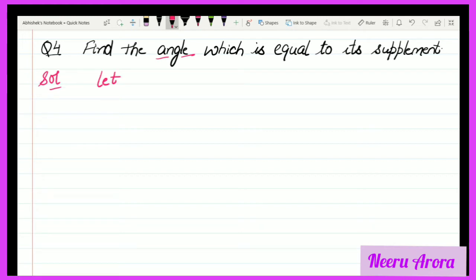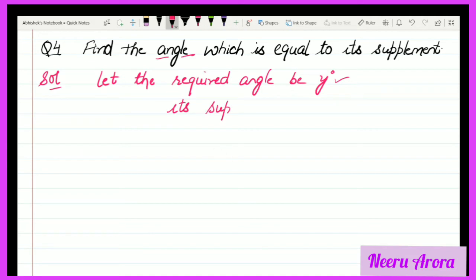So let the required angle be y degrees. Now y is equal to its supplement. So its supplement is 180 minus y. So now we want to find angle y which is equal to its supplement.